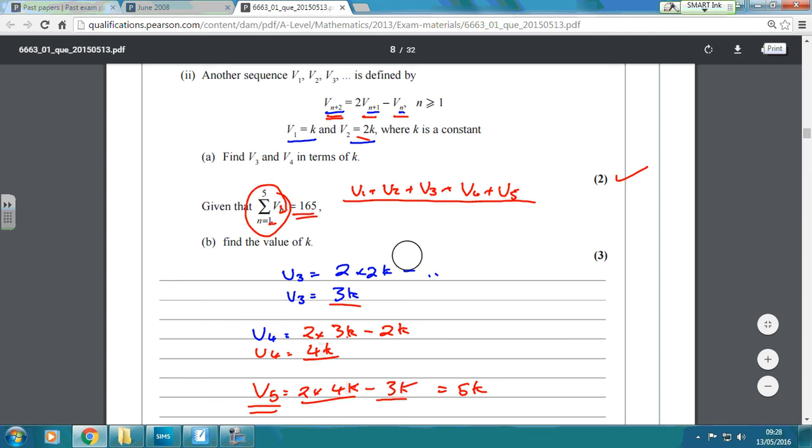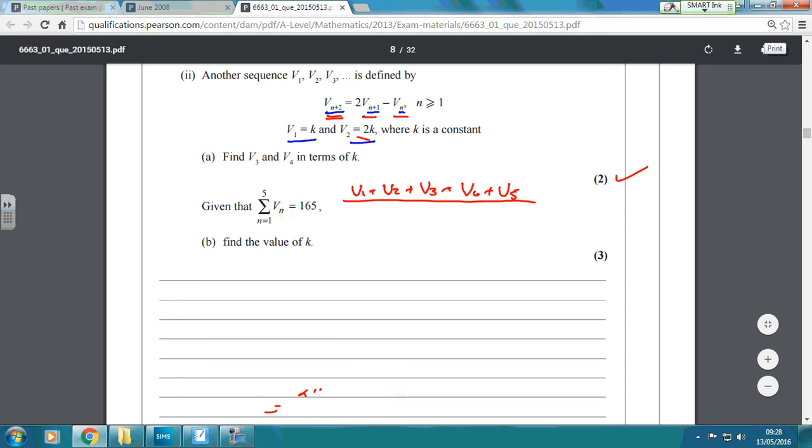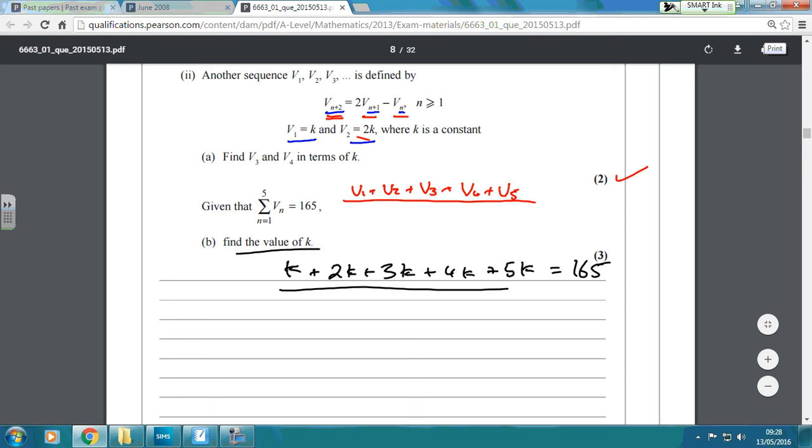So if we are thorough with this and we write out our workings, we do V1, which was K, plus V2, which was 2K, plus V3, which was 3K, 4K and 5K, and that all adds up to 165. So to find out what the value of K is, we simplify this.